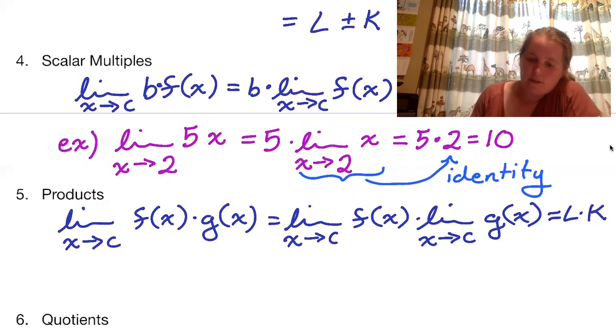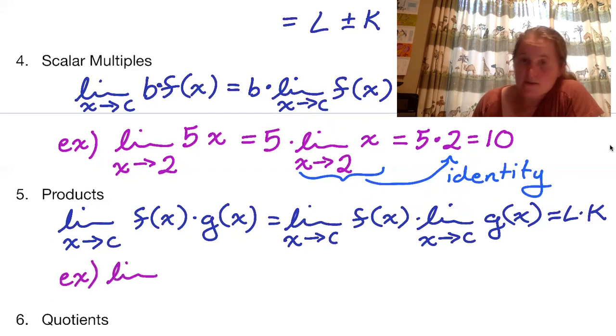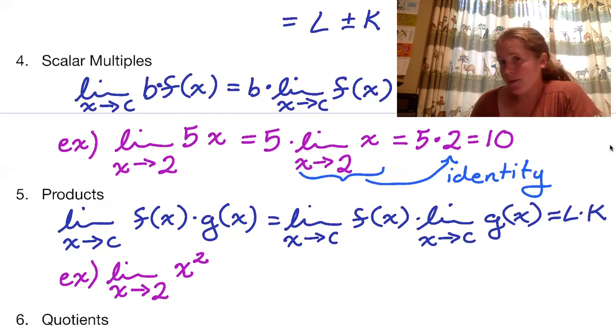So for another example, let's consider the function x squared, looking as x goes to 2. So x squared is just x times x, and we already know how to take the limit of the identity function, f of x equals x.